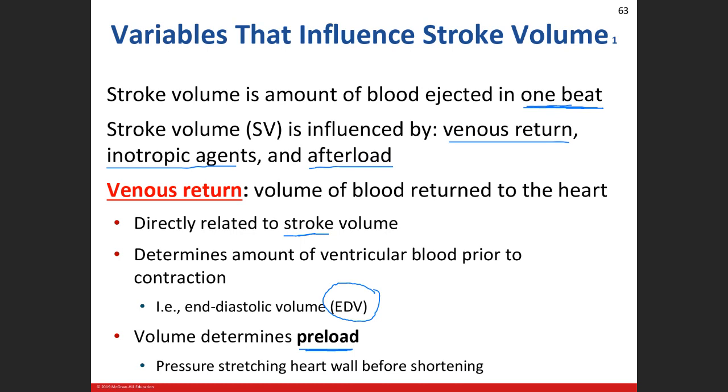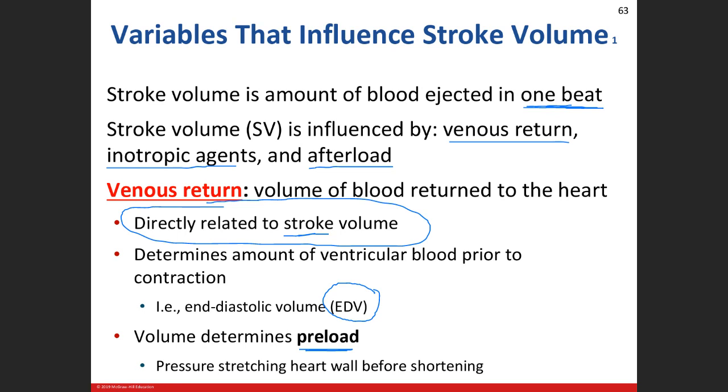So when the ventricles contract, they're going to pump out that difference in blood. If we increase the venous return, it's going to put more blood into the ventricles when the atria contract, so we're going to increase our stroke volume. That's what this means, directly related to stroke volume. If you increase stroke volume, you're going to increase venous return.